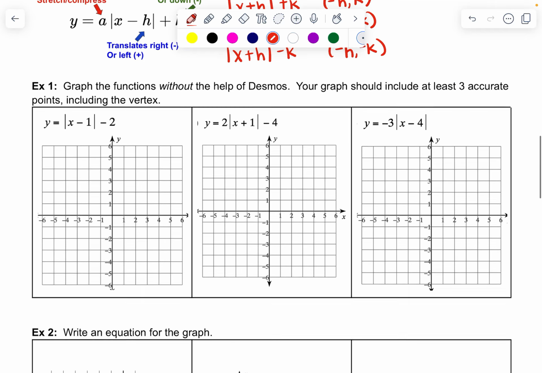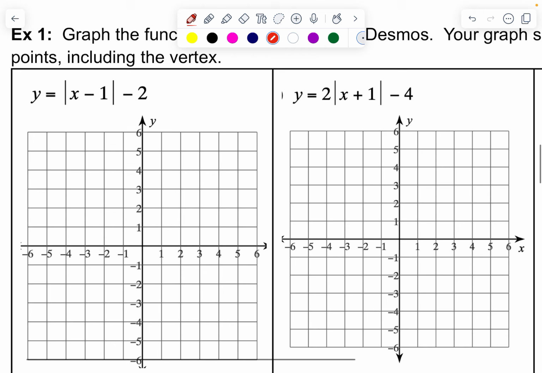Let's look at some examples. First thing we always want to do is find our vertex. I know subtracting inside is going to make it move right 1. Subtracting on the outside is going to make it move down 2. So our vertex then is positive 1, negative 2. So I go positive 1, negative 2. There's no number out in front here, which means my slope is just 1.